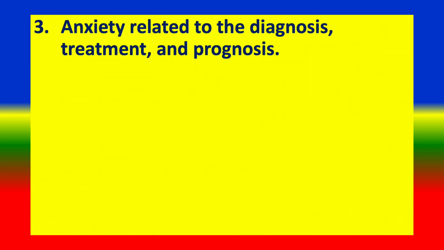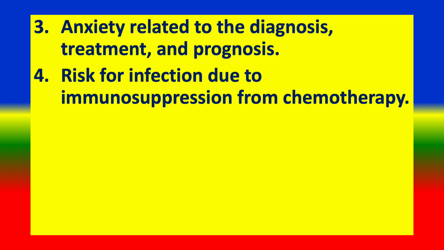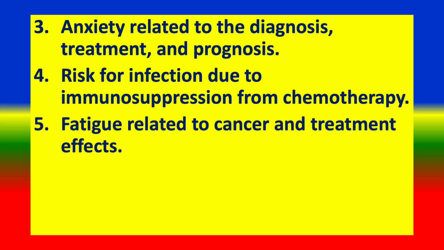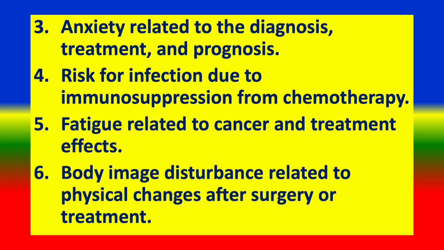Anxiety related to diagnosis, treatment and prognosis. 4. Risk for infection due to immunosuppression from chemotherapy. 5. Fatigue related to cancer and treatment effects. 6. Body image disturbance related to physical changes after surgery or treatment.